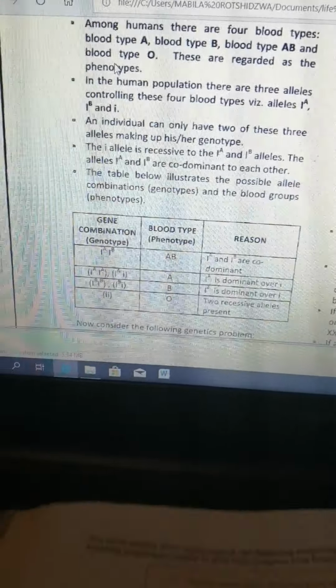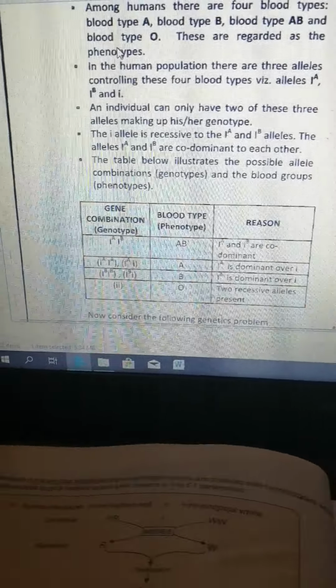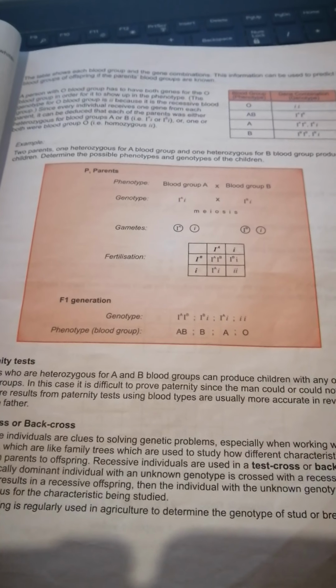Now I have an example here on page number 39 of the exam fever, wherein the question states that two parents, one heterozygous for blood group A and one heterozygous for blood group B, produce children. Determine the possible phenotype and genotype of the generation.